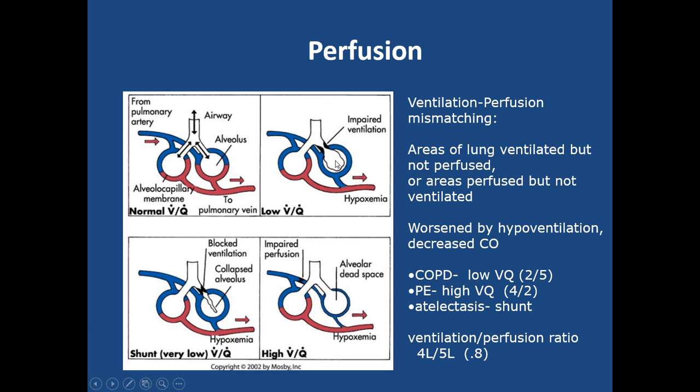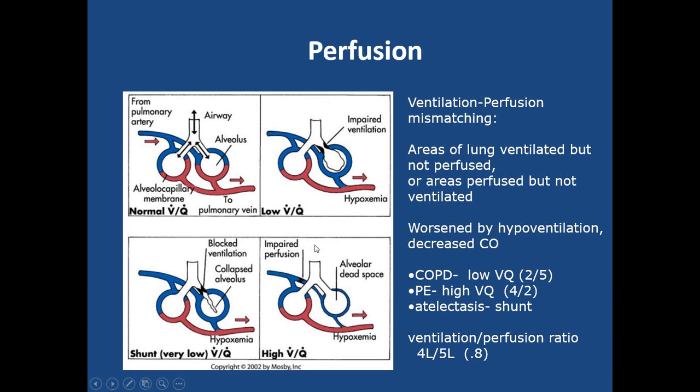We'll see a decrease in the first number. So maybe we have 2 for airflow, and still 5 normal pulmonary circulation flow. If that's the case, then we have a low VQ. So that would be 0.4. That means there's a problem with ventilation if it's low, because again, this first number decreases.